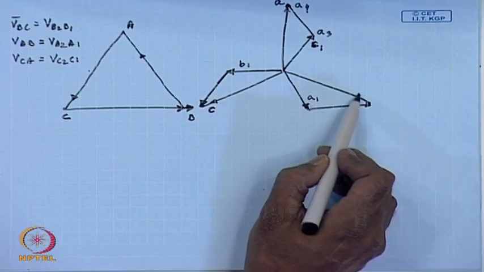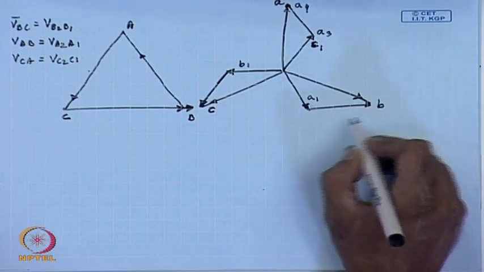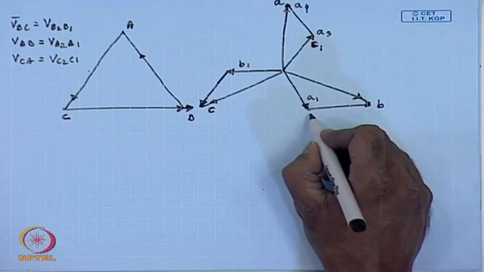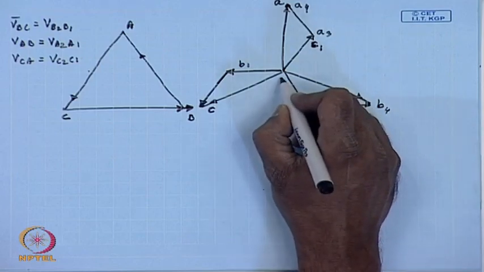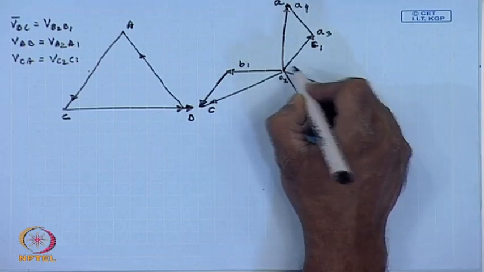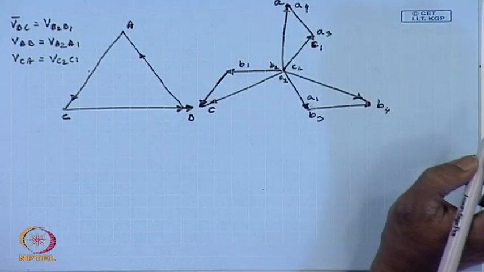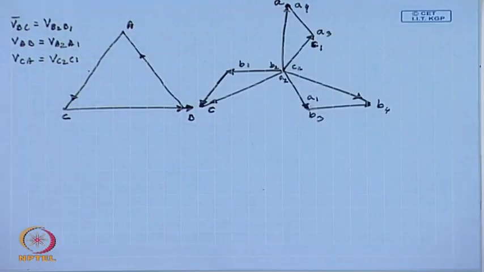This is phase B. This is what the voltage phasor diagram will look like.